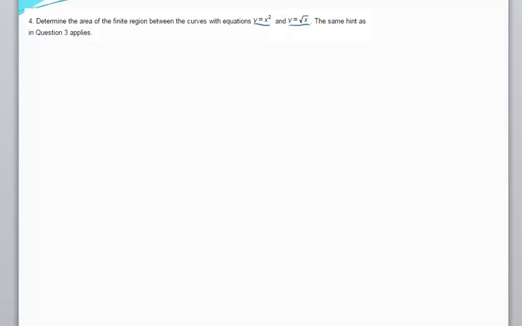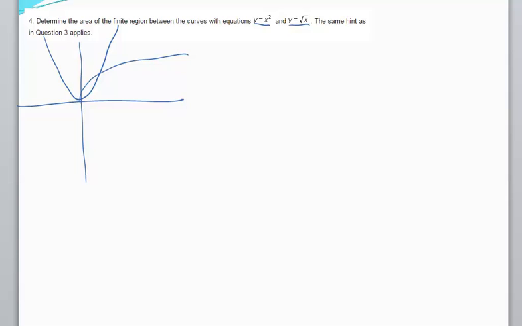So what we need to do is the same sort of thing as for question 3, but this time we're just going to draw them up rather than work out all of our points. y is equal to x squared is a nice easy one like this. We know we go through our point (1, 1), and y is equal to the square root of x, we go here. So we can set these equal to the same thing.